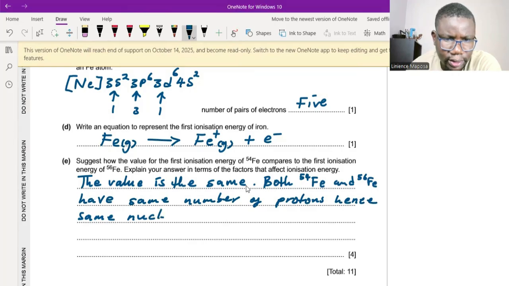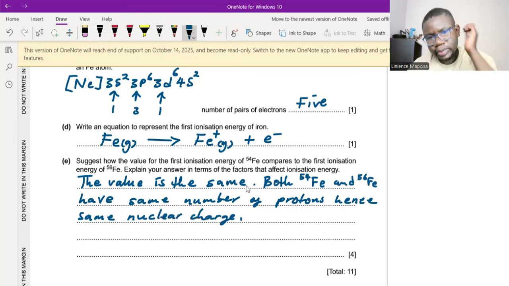I want to say same nuclear charge, save space. It's a repetition already, actually.